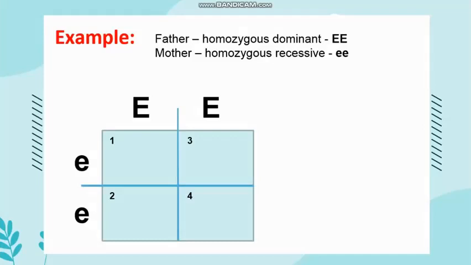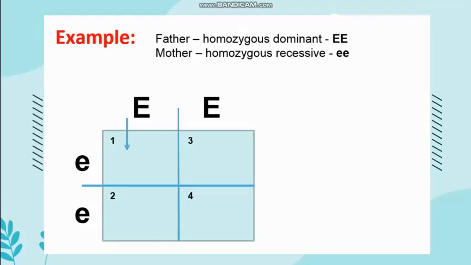Filling out the Punnett square is actually very easy. So let us follow these simple steps. The first step is to copy the first allele coming from the father to the first section of your Punnett square. Next, let us copy the first allele coming from your mother on this first section. So you now have the genotype of the first offspring.